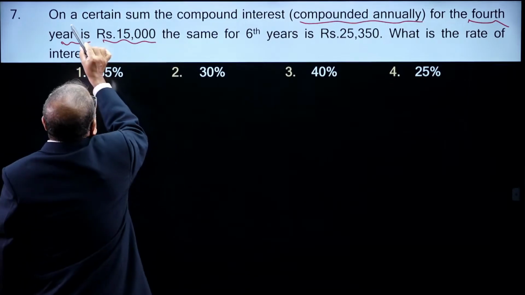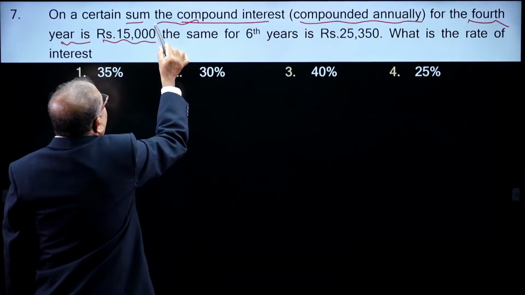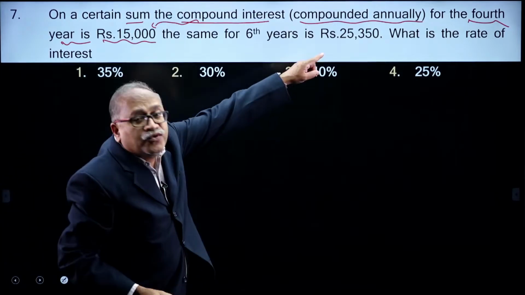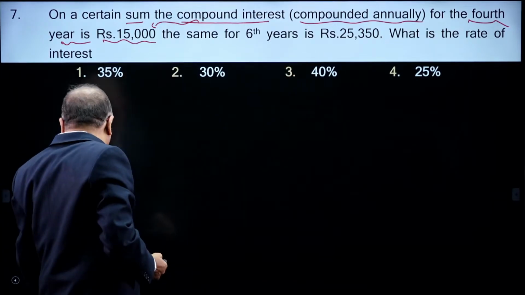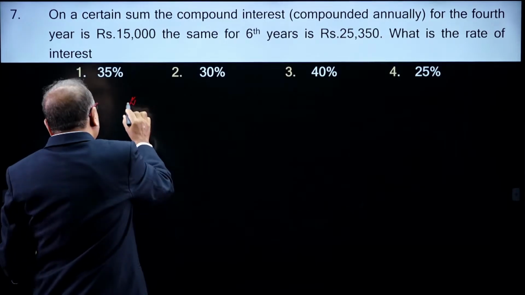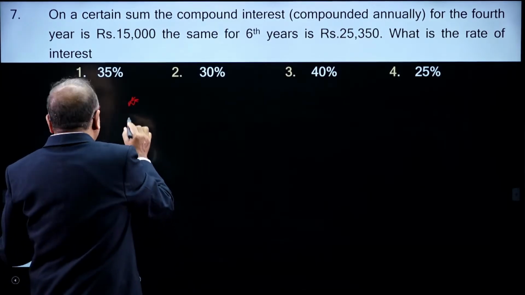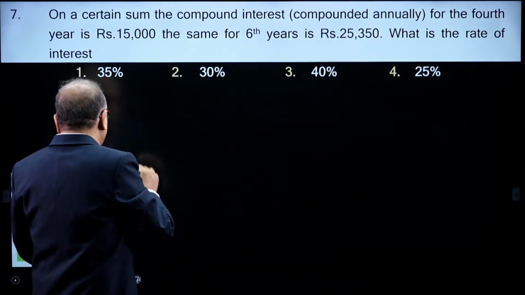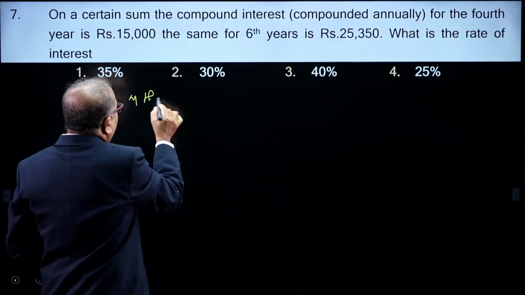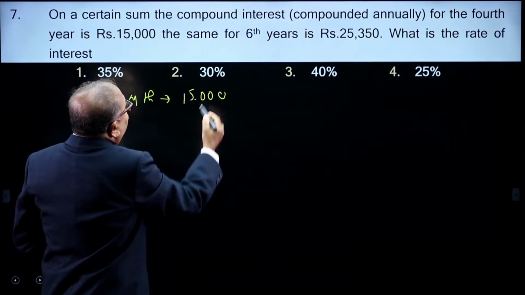I am just separating the fact for the 4th year. 4th year compound interest is how much? 15,000 is given to us.